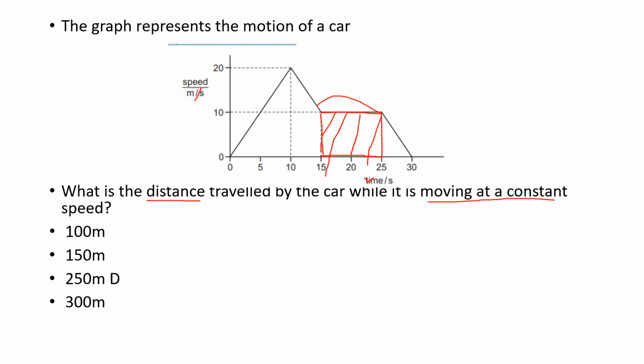The area of this rectangle is length multiplied by breadth. Here what is the length? It is from 15 to 25, so 25 minus 15 is 10. 10 multiplied by, what is the height? This height is 10. So 10 multiplied by 10, the answer will be 100. So A is the answer.